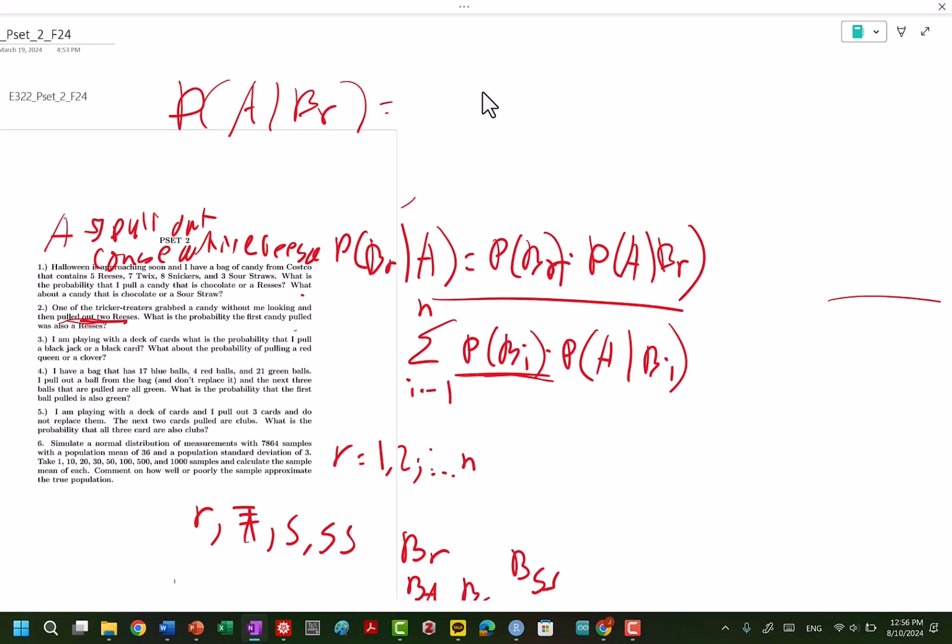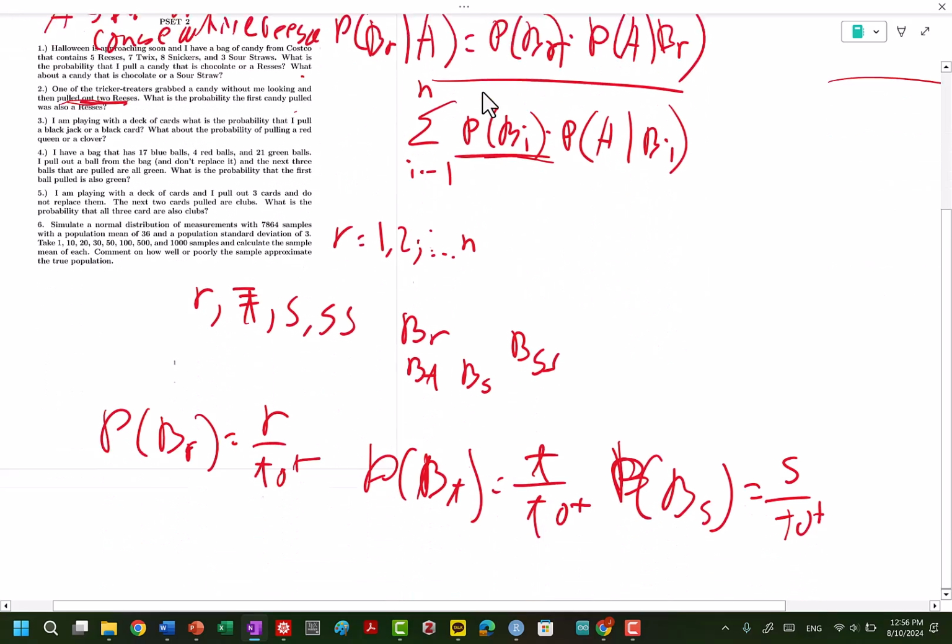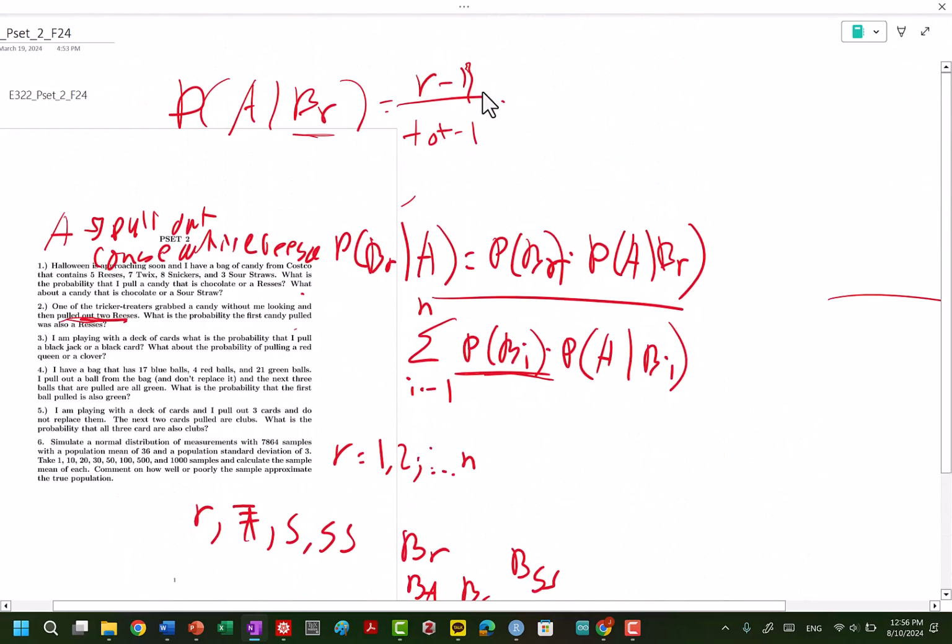So that's just going to be equal to my total number of Reese's minus 1 divided by my total minus 1, times, because again we're pulling out 2 Reese's, remember going back over here, given that B has occurred, that the first candy pulled was a Reese's, what's the probability the next one is? And then it's just going to be Reese's minus 2 divided by my total minus 2.